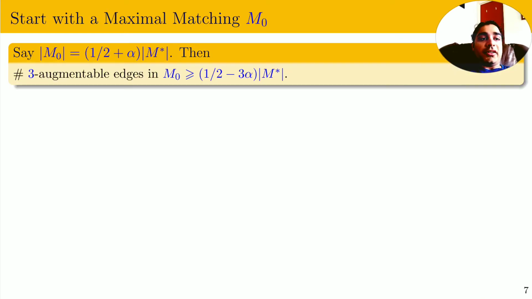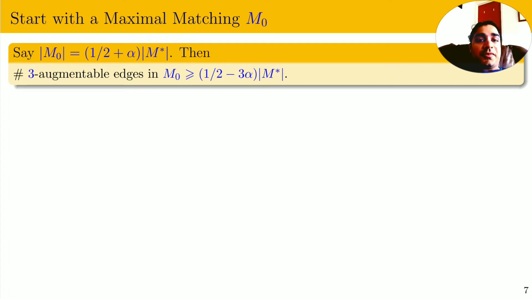Before seeing our algorithm, we want to see this small lemma. Now as you saw, you start with a maximal matching M0. Now consider a maximum matching M star. You can fix this maximum matching M star for the rest of the talk. So let's say the size of M0 is half plus alpha times the size of M star.